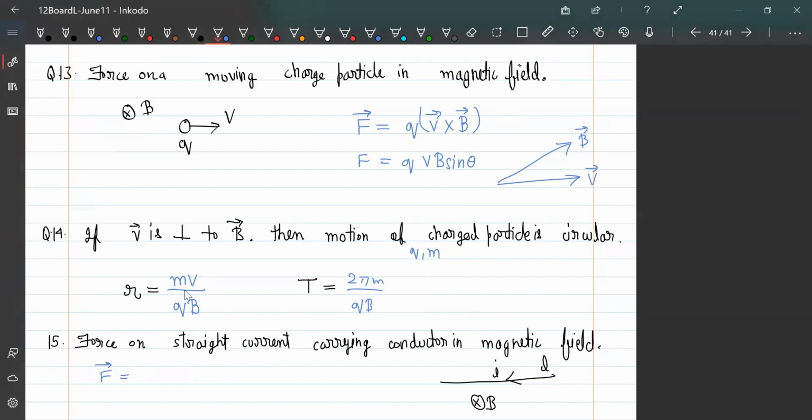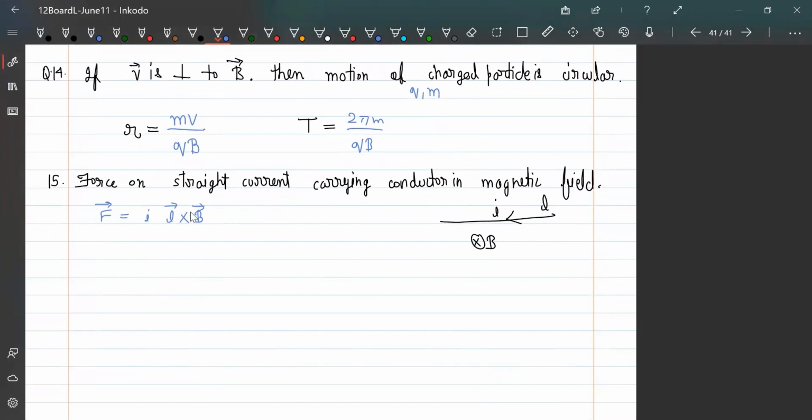Yeah, ILB. तो वेक्टर फॉर्म में हम लिखते हैं I (L cross B). ध्यान रखना है L पहले आएगा, B बाद में आएगा. अगर B क्रॉस L लिख दिया तो गलत माना जाएगा आंसर, बिकॉज L cross B is not equal to B cross L. L cross B is equal to minus of B cross L. So that's why order you have to remember, ILB.